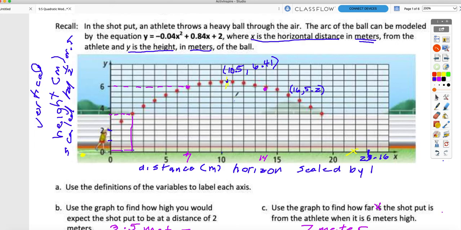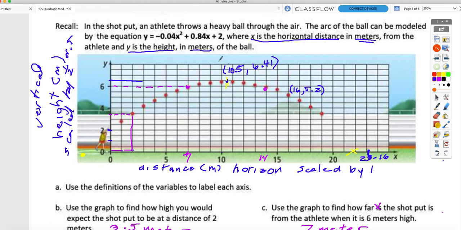That's 10, that's 11. Halfway between is 10.5. And that would be a little bit above 6. Actually, 6 was right there. I would have expected that to be even higher. Oh no, 6.41. This line is 6.5. So yeah, that's consistent.